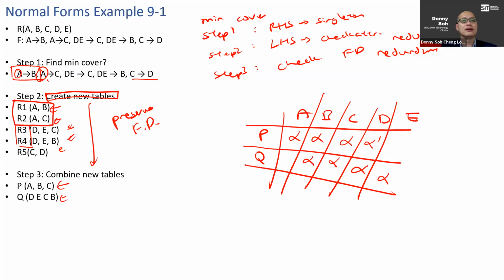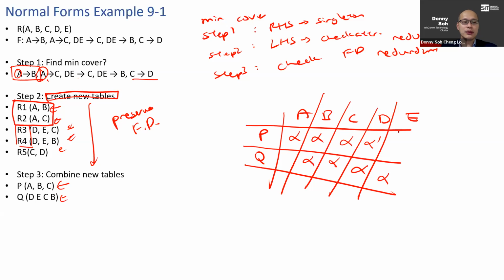So it seems that this table, after I decompose it using Bernstein's algorithm, doesn't seem to be lossless, because actually I cannot recreate back my attribute E in this scenario.